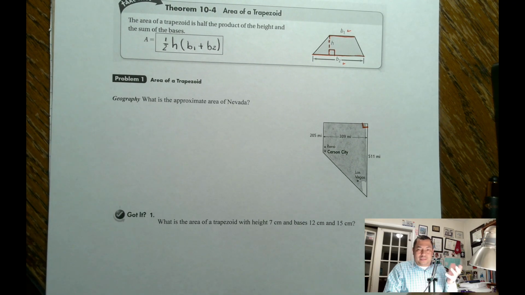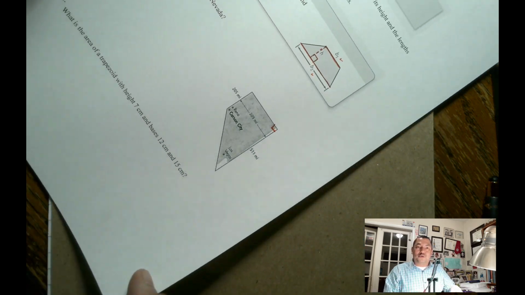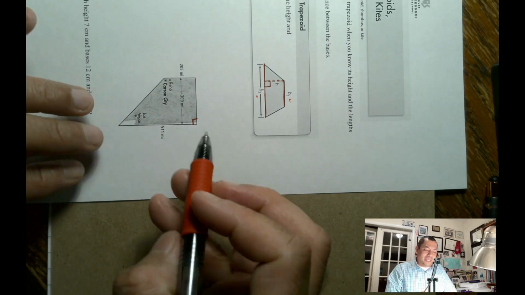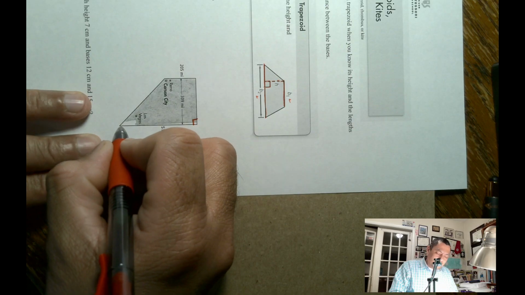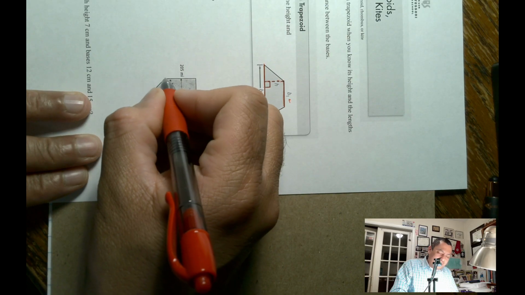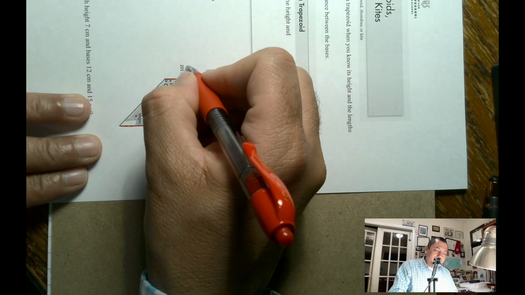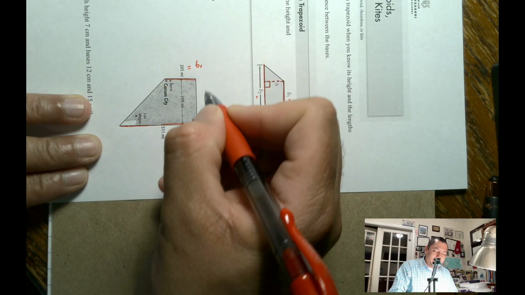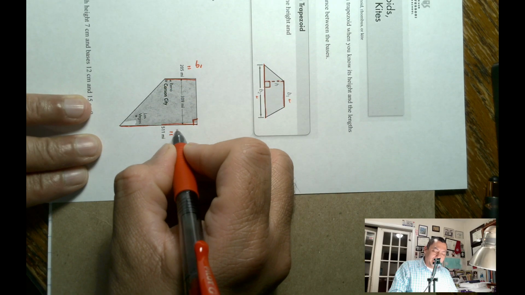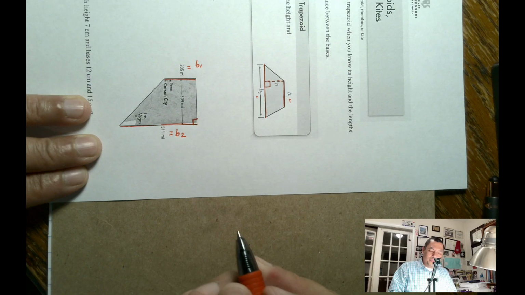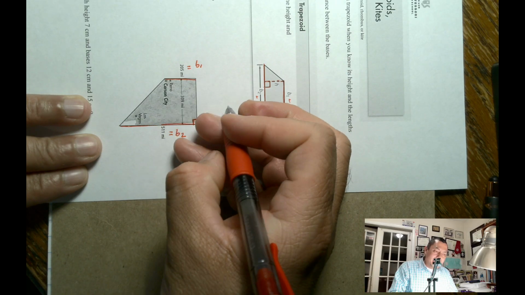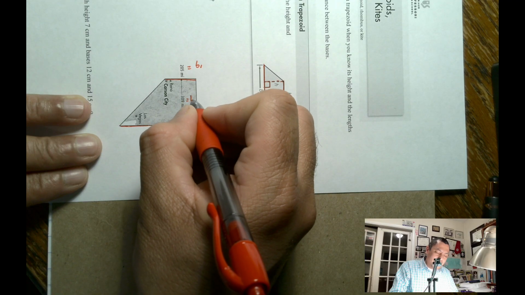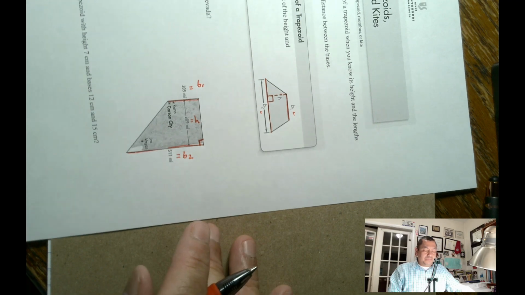The good thing about the paper is I can turn it around, and as you can see, I have a trapezoid. These are my bases. I'm going to name this one base 1 and this one base 2. And my height is 309.